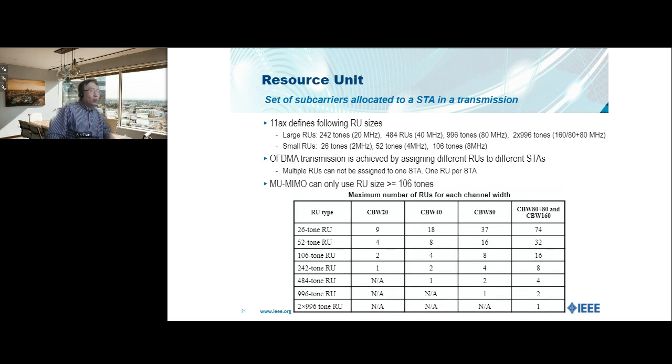So we mentioned that 11ax introduced a longer symbol duration with more tones, which brings efficiency. We also mentioned 11ax introduced OFDMA. OFDMA essentially means orthogonal frequency division multiple access, that's the MA part.